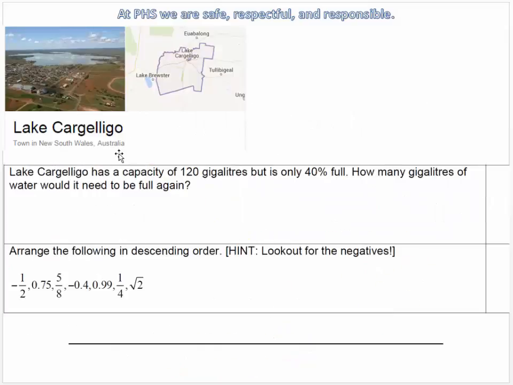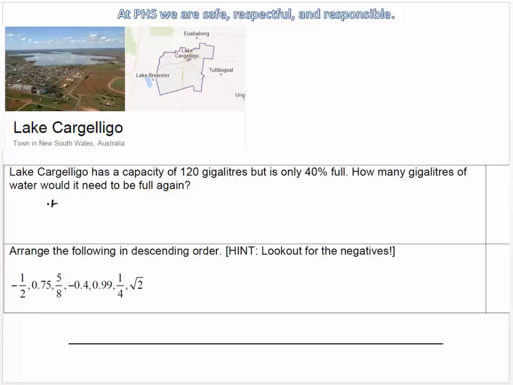Let's keep going. Lake Agelago has a capacity of 120 gigalitres, but is only 40% full. How many gigalitres of water would it need to be full again? All right, so it has a capacity of 120 gigalitres, but it's only 40% full. Well, how much water is in it now? Let's figure that out.